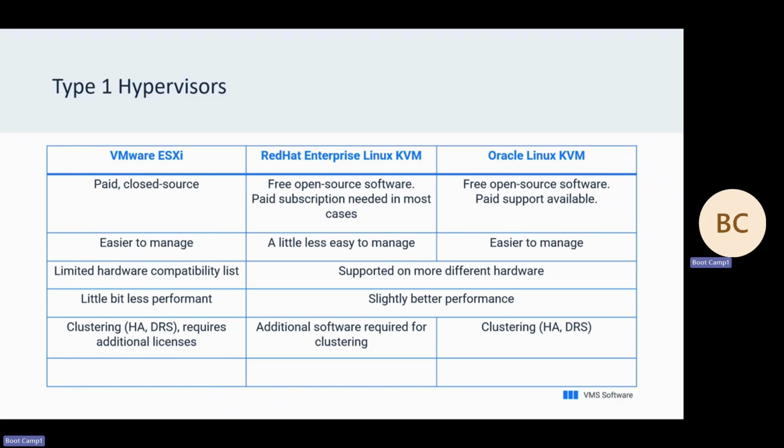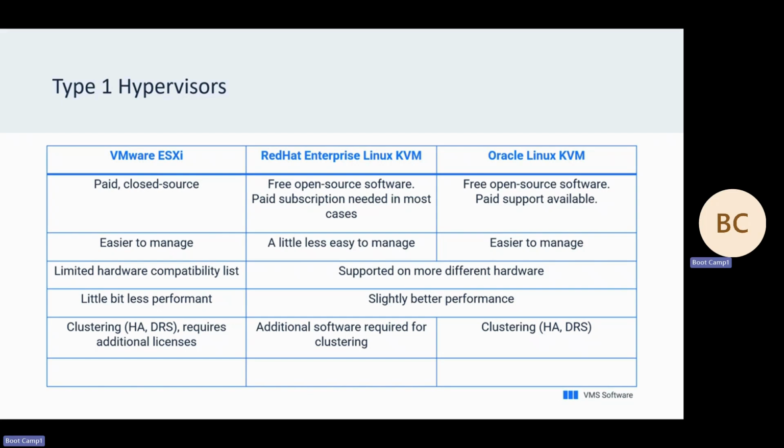So VMware ESXi is a paid closed source hypervisor. And especially after Broadcom took over, for a lot of VMware customers, the prices have skyrocketed. Because VMware now, or Broadcom now, only sells VMware products as part of bundles that include a bunch of stuff that a lot of VMware ESXi users don't really need or use.